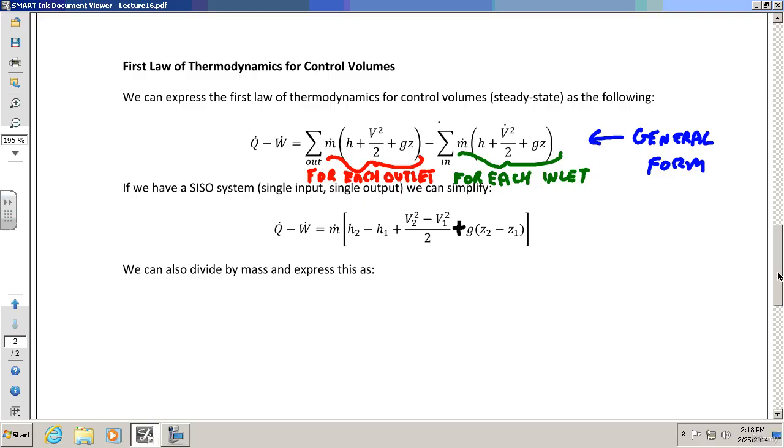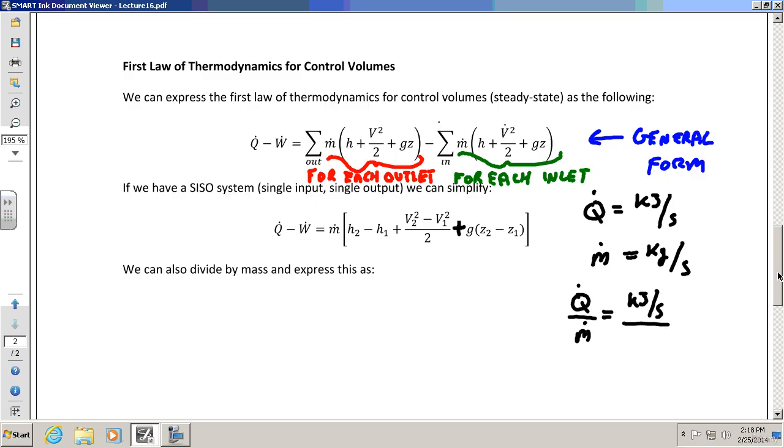One more. We can also divide by mass. Remember, when I say Q dot, it would be something like kilojoules per second, typically. And M dot would typically be kilograms per second. So what happens if I take Q dot and divide by m dot? That's kilojoules per second divided by kilograms per second.